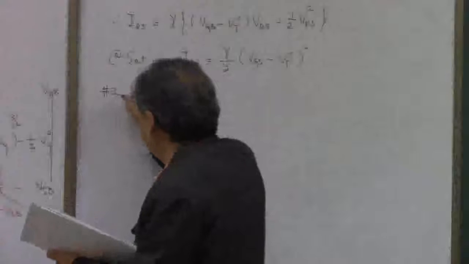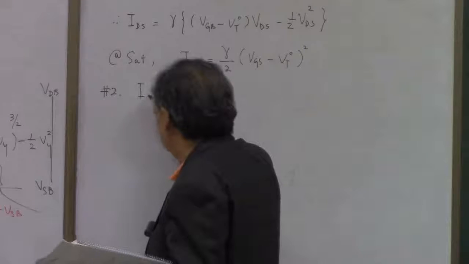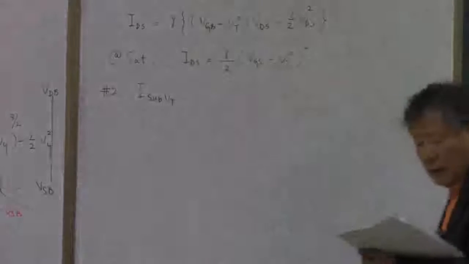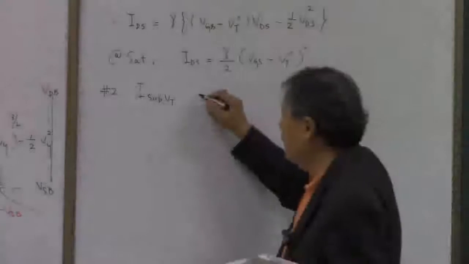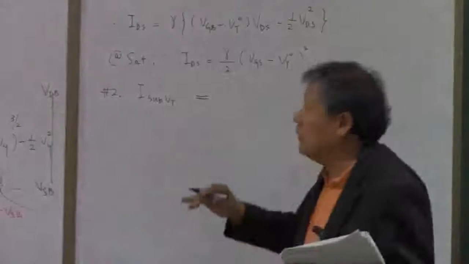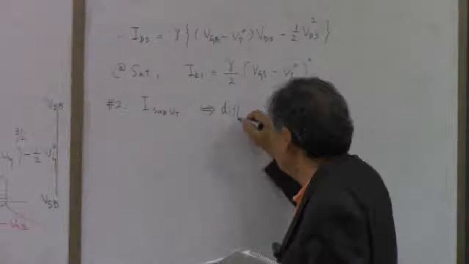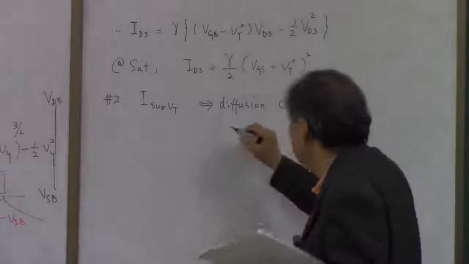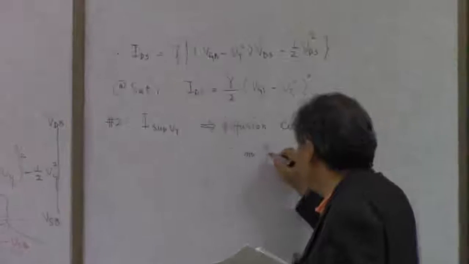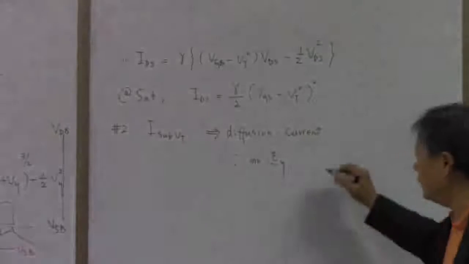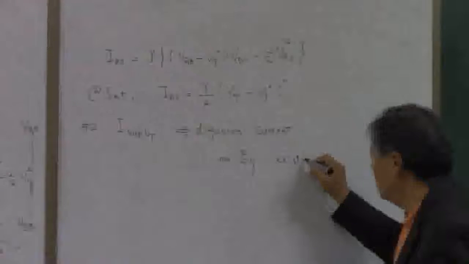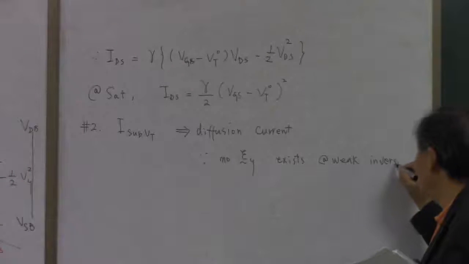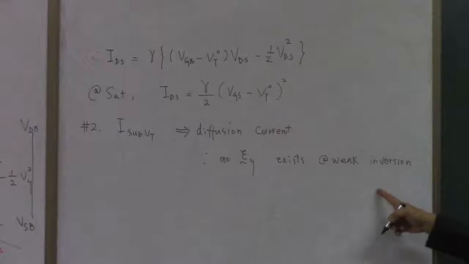And before the threshold voltage, we have the sub-threshold. In that analysis, this is not a drift current, but a diffusion current, because no electric field along Y exists at weak inversion, meaning before the threshold voltage.